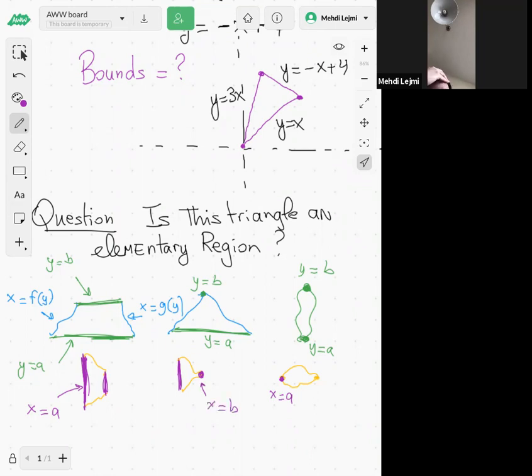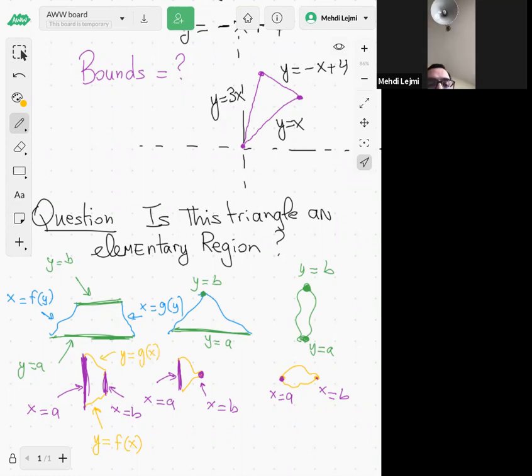This line is x equals a, and this is x equals b, and so on. The vertical line is connected to the other vertical line or to the other point by the graphs of two functions. So this would be y equals some function of x, f of x, and this would be y equals some function of x, g of x.